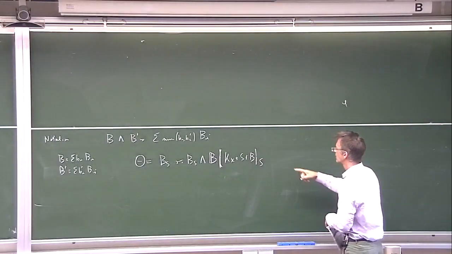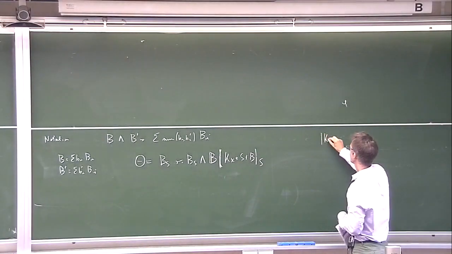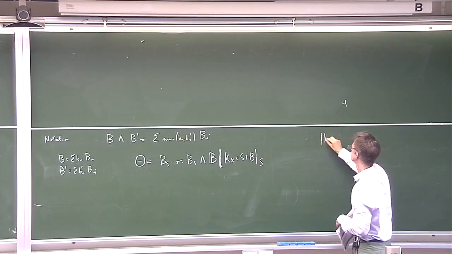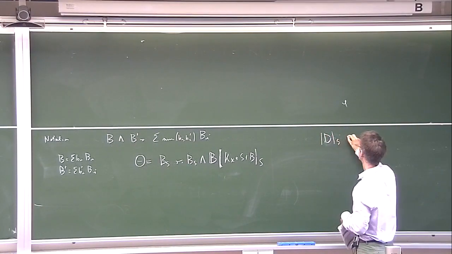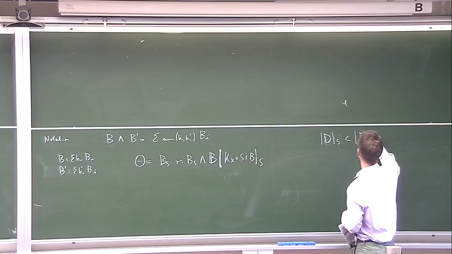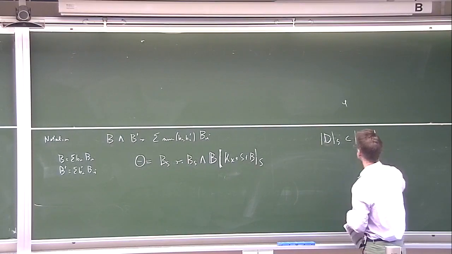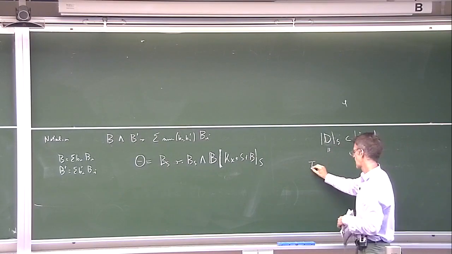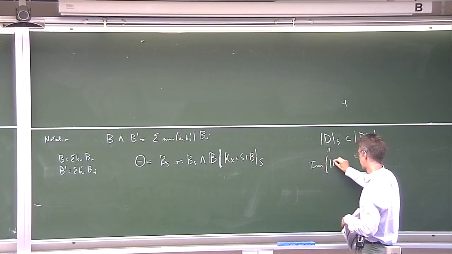That symbol there, K_X plus S, well, in general, for a divisor D, D restricted to S will be contained in the full linear series corresponding to the restricted divisor. So these are those divisors which are in the image of the restriction map.